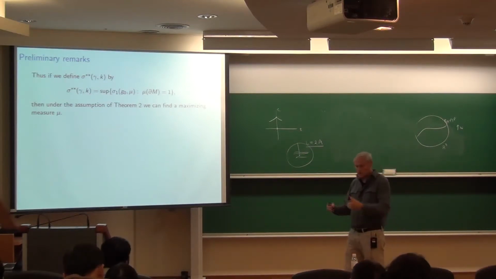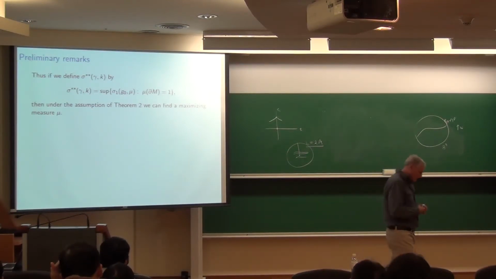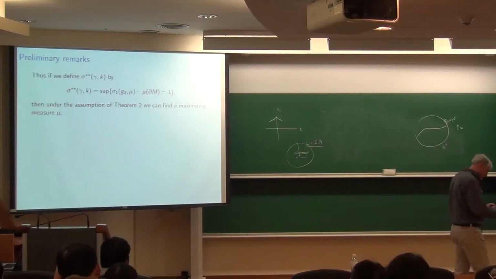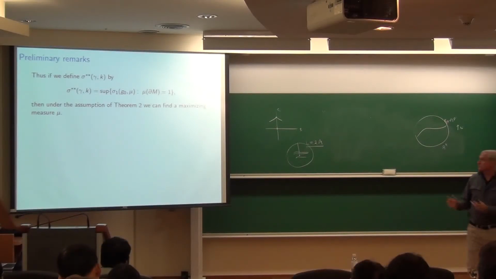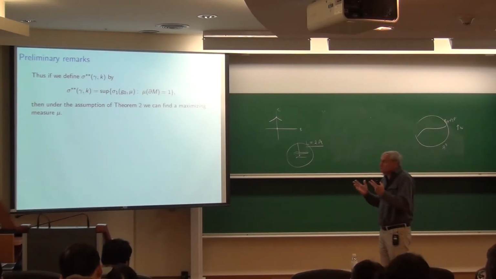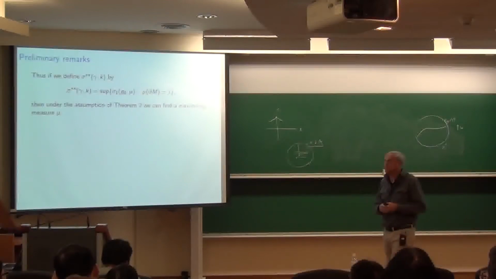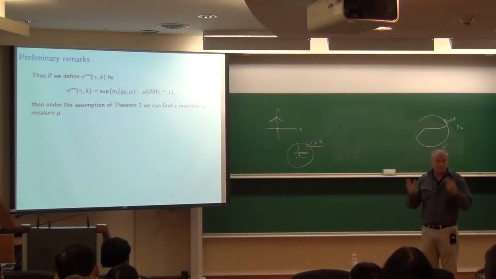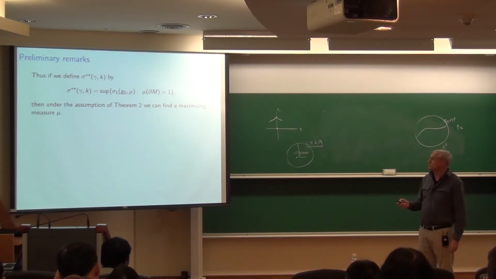Okay, and we can solve the problem. We can construct a maximizer for that just by direct methods. And then the question is, is it regular? Is that measure regular? And the answer is, I have no idea, actually. There's no regularity argument that I know of to prove that that's regular.